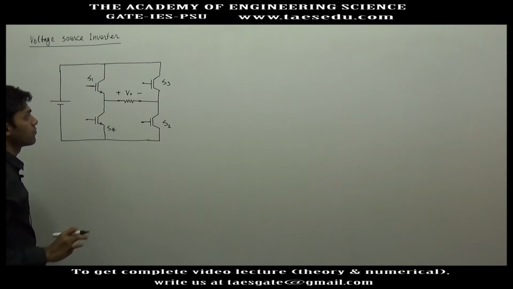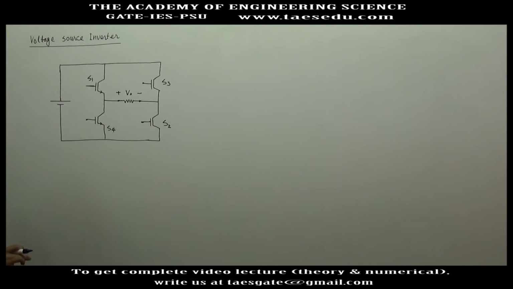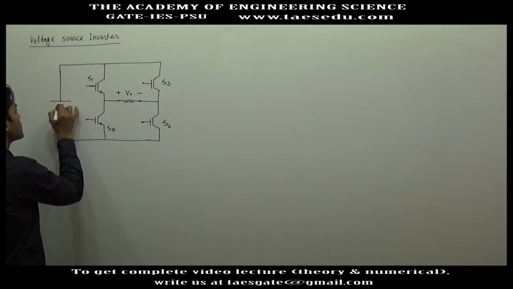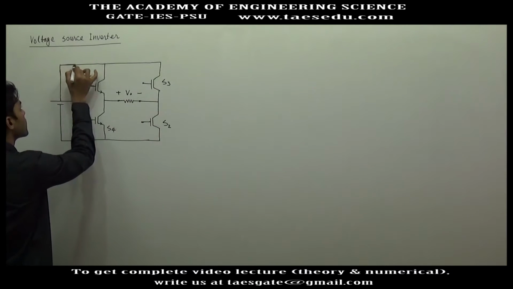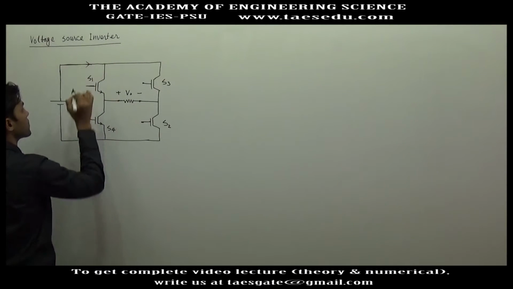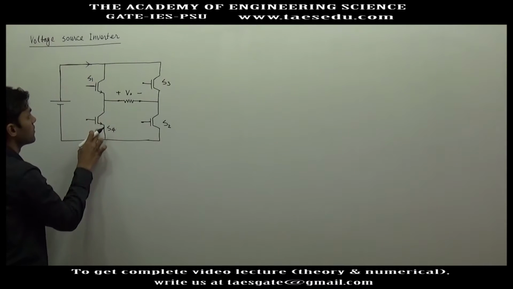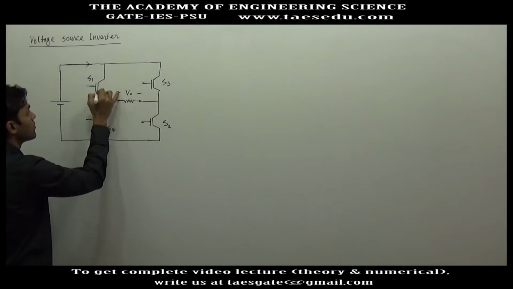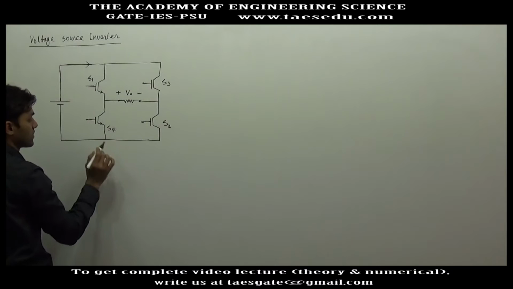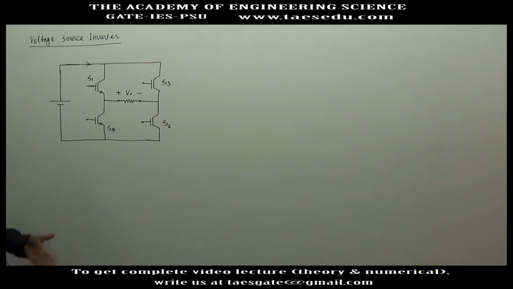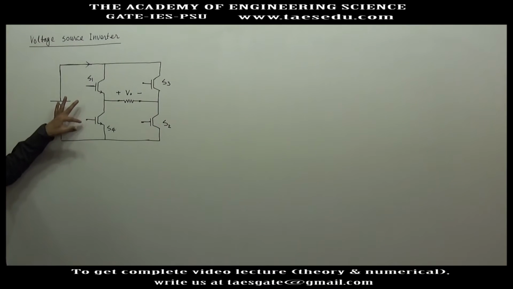Okay, so first we will find out the tendency of current flow. This is a DC voltage source, so the tendency of current will be to flow in this direction. Now if S1 and S4 conduct, this current will flow through this short circuit, and this current will be very high, so we will try to avoid simultaneous switching of S1 and S4.